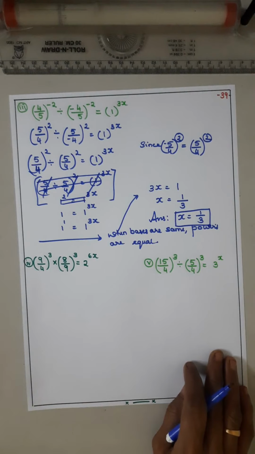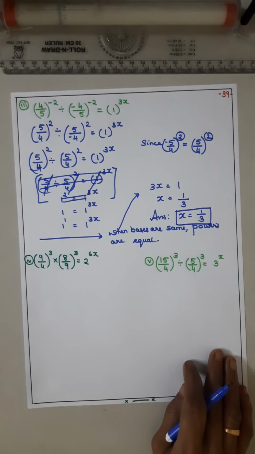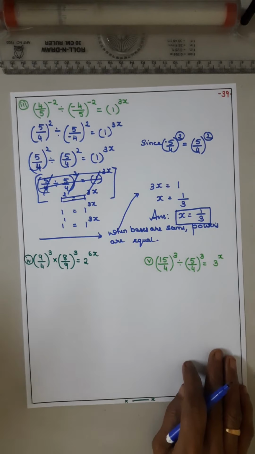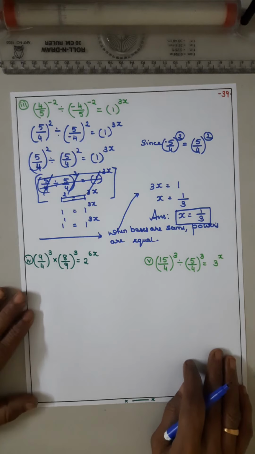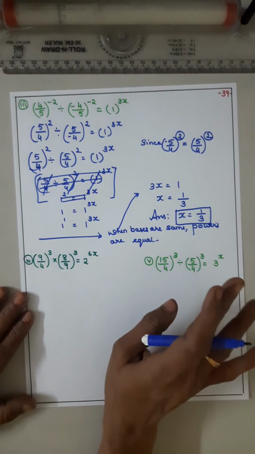Okay. Now coming to the fourth sum. See here little bit confusion is there. So directly you write the bases and the powers are same. When you divide it should be 1. Okay, now here the powers are same but the bases are different.